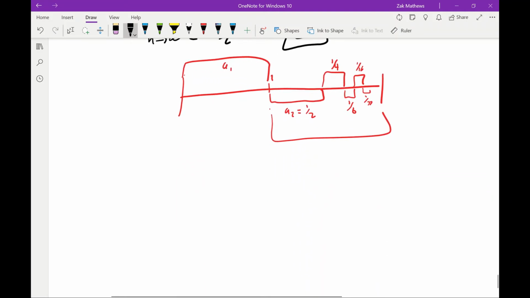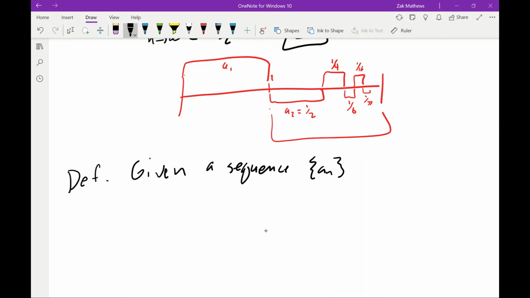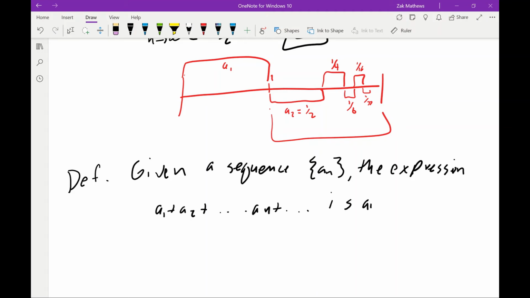So let's define very formally an infinite series. Given a sequence a sub n, the expression a1 plus a2 plus all the way up to an, and then beyond, I shouldn't end there, but plus however many terms we have, is an infinite series.